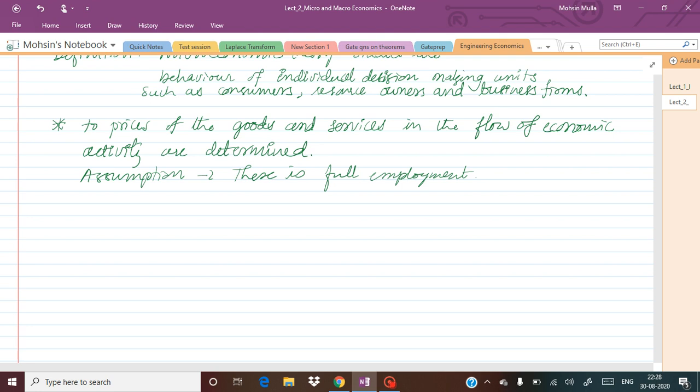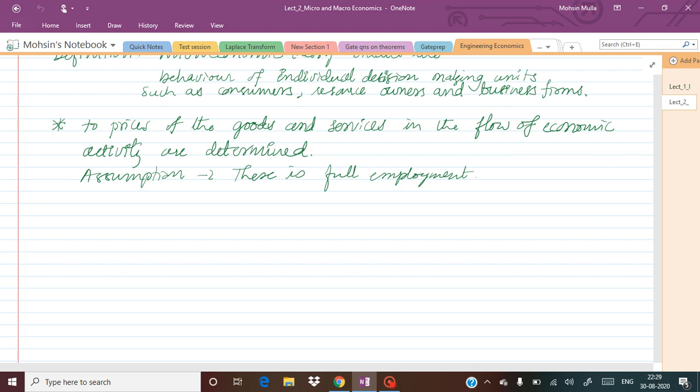Therefore it assumes that there is full employment, which is not true. Therefore macroeconomics comes into the picture, which will take into consideration all the different sectors, all the individuals, all the various industries, all the business firms together. So one is making loss, another one is making profit, so it is going to make the average. But microeconomics is going to study the individual at the individual level, without bothering about the other sectors or industries.